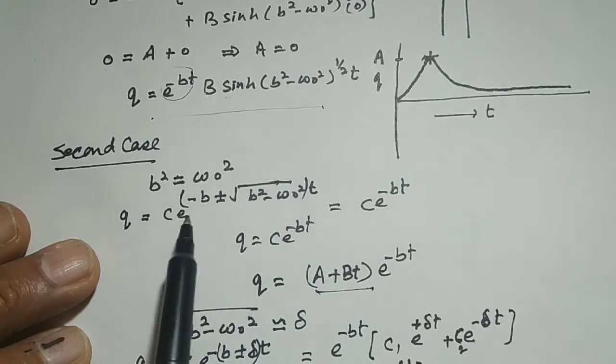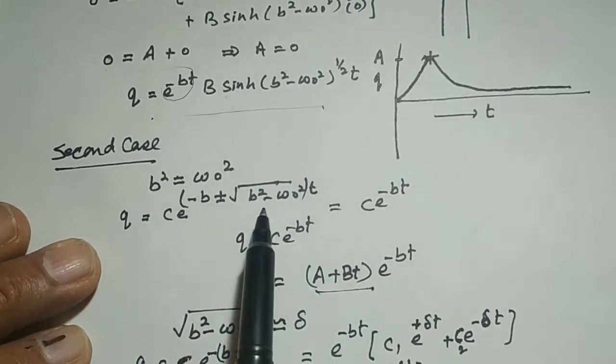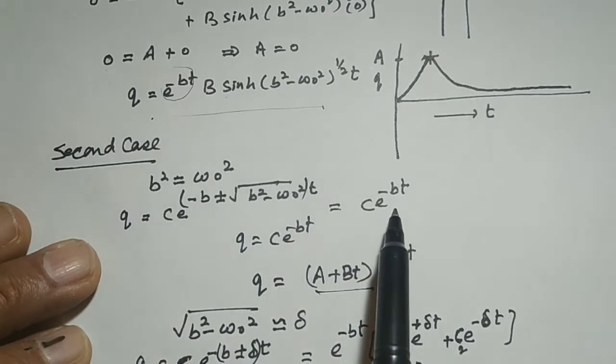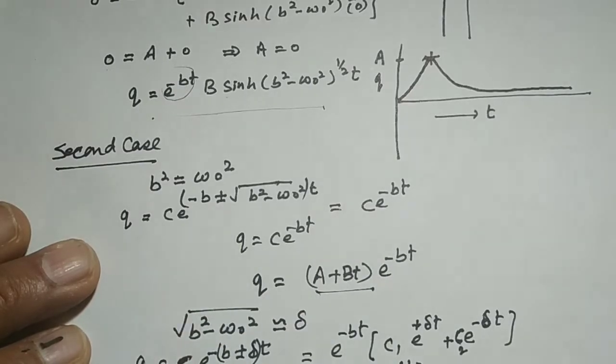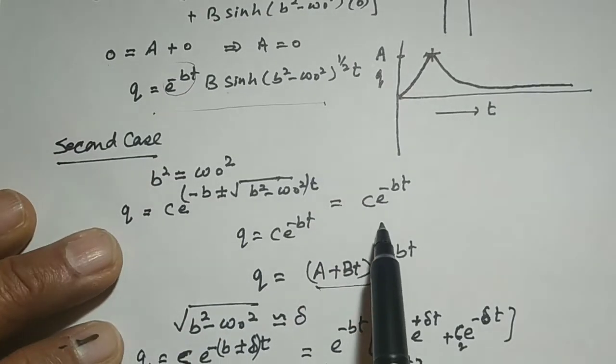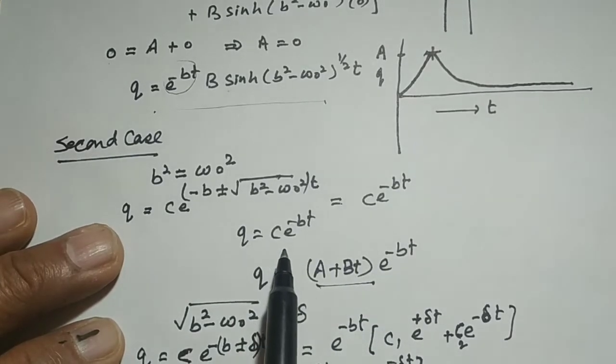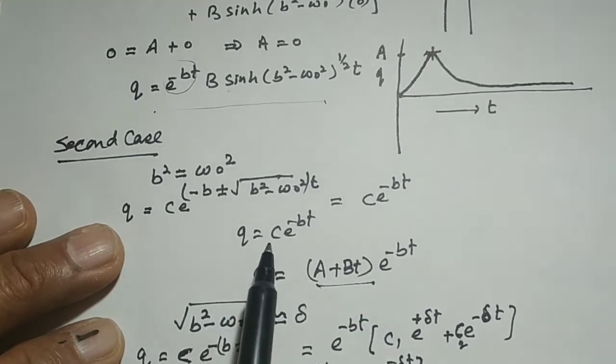In that case, this solution, the square root of b square minus omega naught square, will become 0, and we will get only C e to the minus Bt. But C e to the minus Bt will not satisfy the differential equation, because the differential equation of the damped oscillator has two terms. One term is with the charge, another term is with the current.